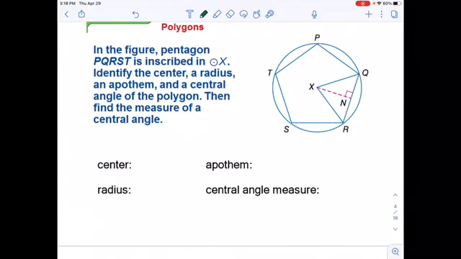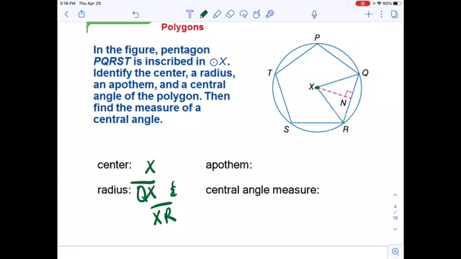So the center, pretty easy to name, is X. A radius, there's 2 of them drawn out. I'll probably write both of them, QX or XQ, either way, and X are our radius that are available for us. They go from center to the side of the circle.